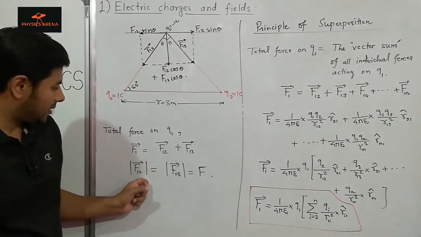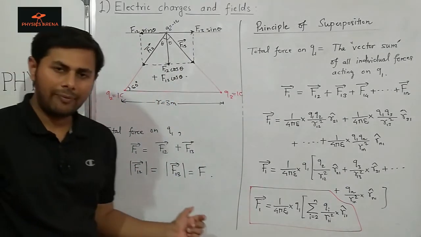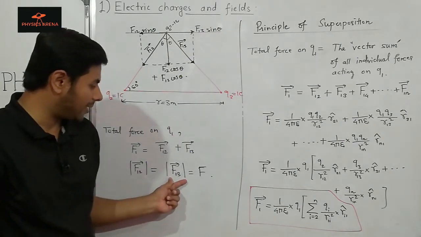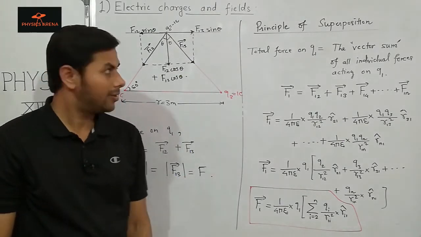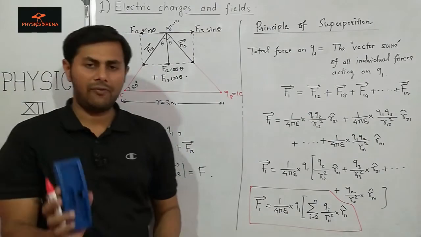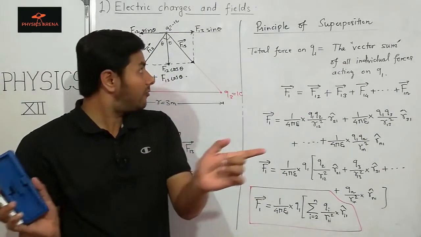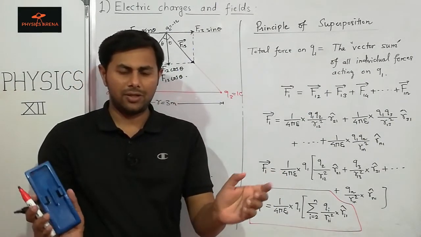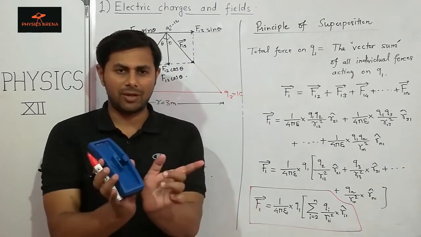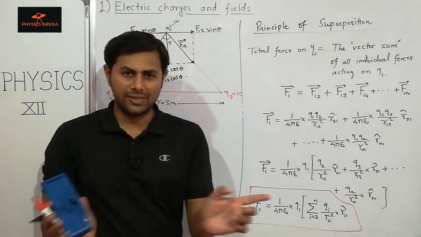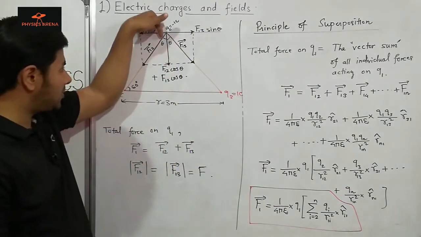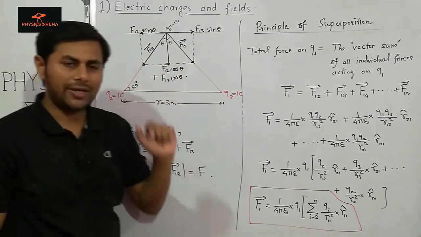As you can see, the magnitude of F12 is equal to the magnitude of F13, which is F, and these components F12 sine theta and F13 sine theta have equal magnitude but opposite direction, so they get cancelled out, and the total force is just in this downward direction.